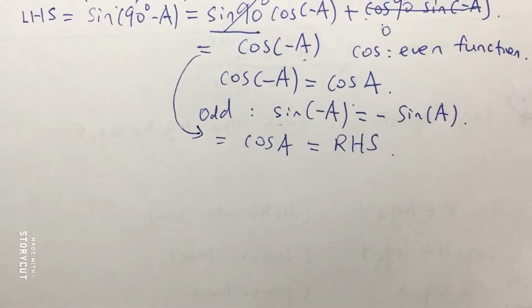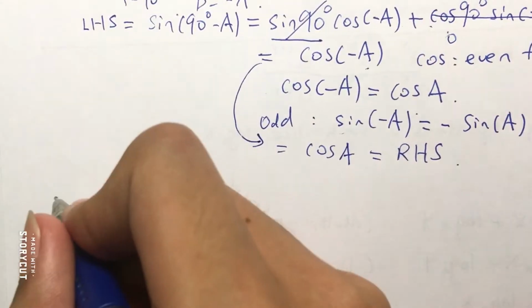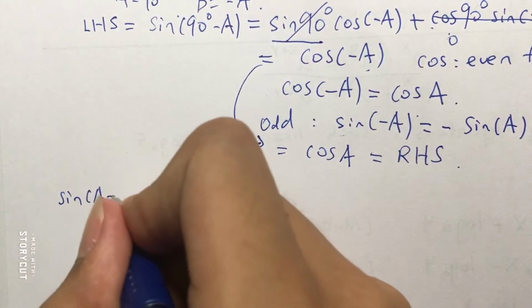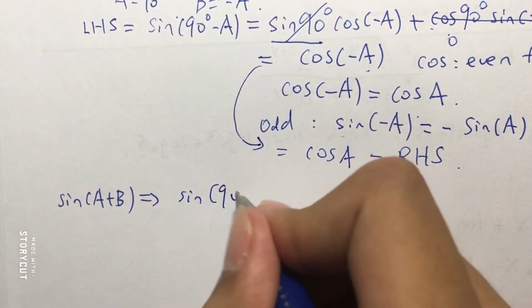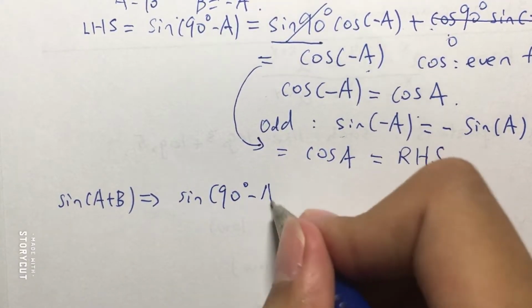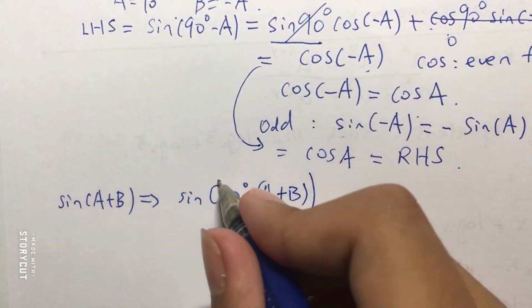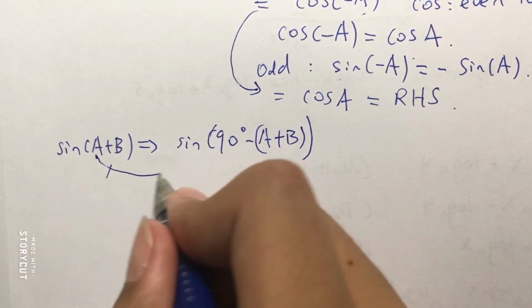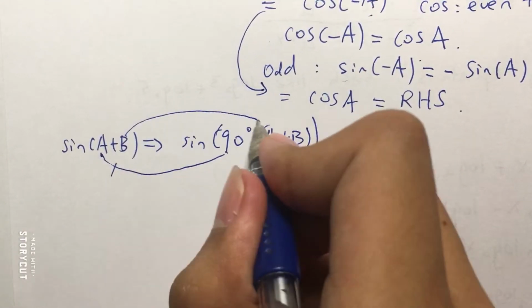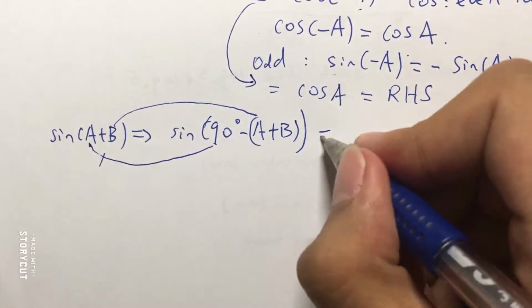Okay, so now if we substitute A plus B into sine (90 degrees minus (A plus B)), we assume that this term is equal to 90 degrees and this term is equal to negative (A plus B). What are we going to get?